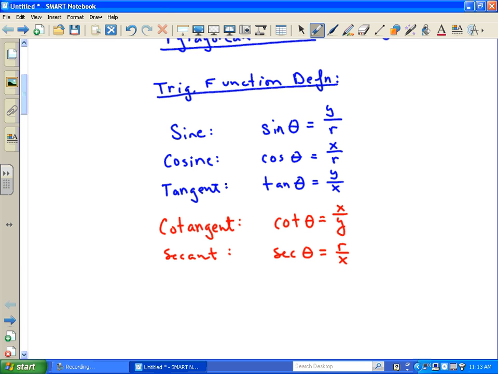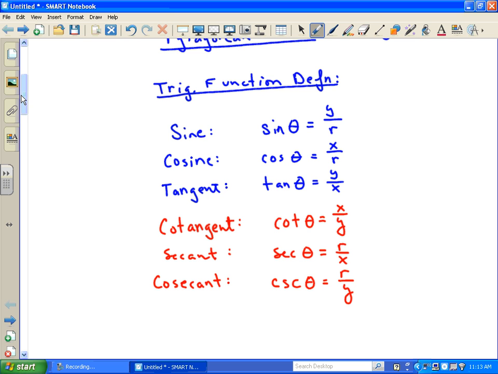And then finally, we have cosecant. Cosecant is the reciprocal of sine, r over y. And so there are my 6 trig function definitions.